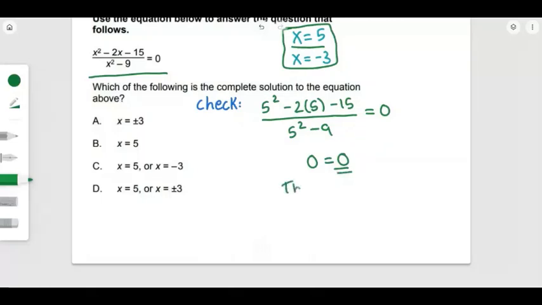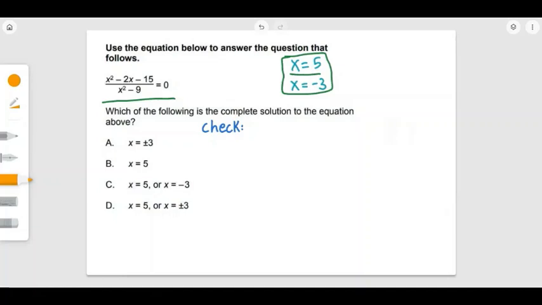So the solution could be x equals 5. But we're not done yet. We need to find out if x equals negative 3 is a solution too. So let's try that.